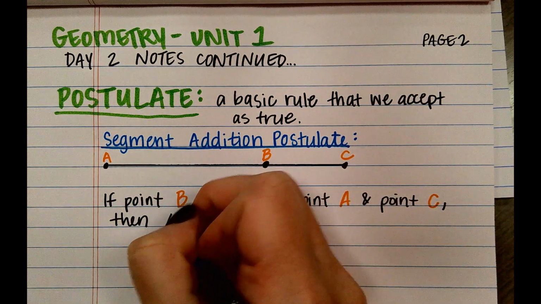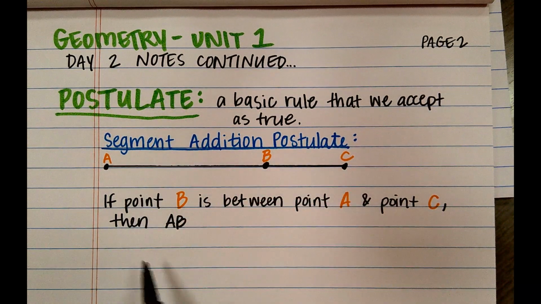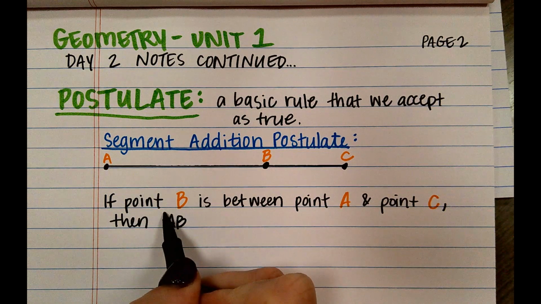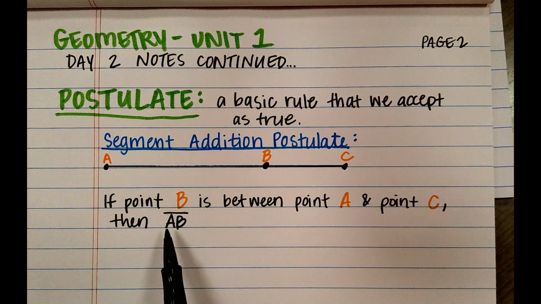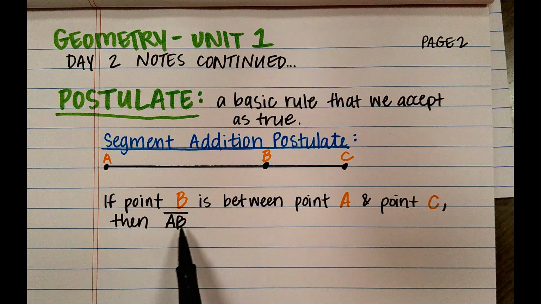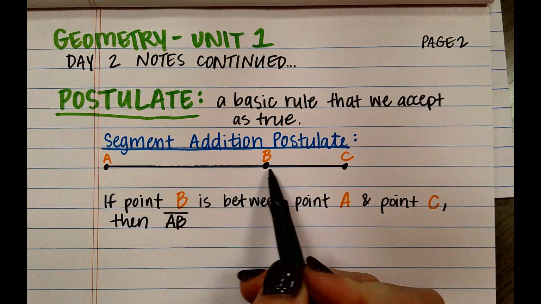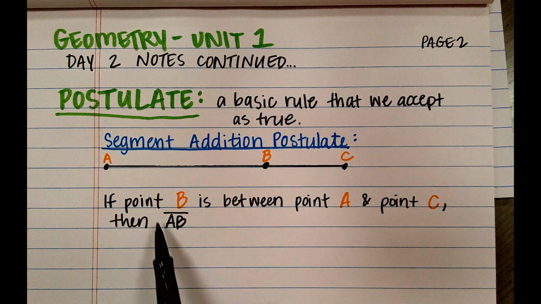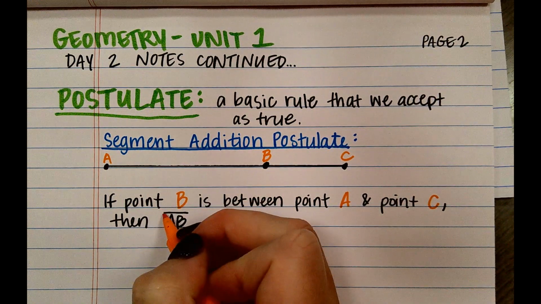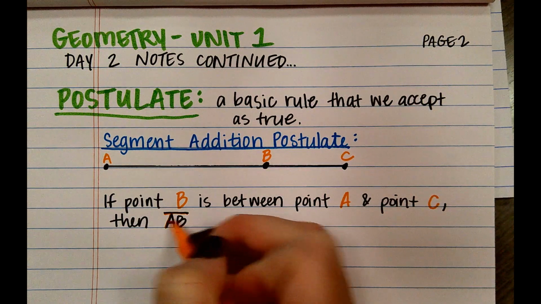I'm going to write AB with a line over the top of it. This is how we name line segments. So the line segment AB means just this piece from A to B. Yes, you've got to put that line above it too. Great question. Yes, put the line above it.